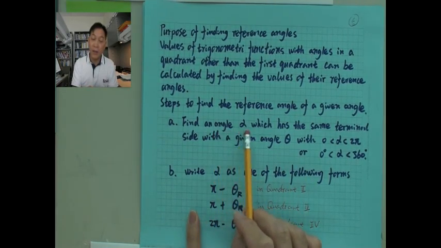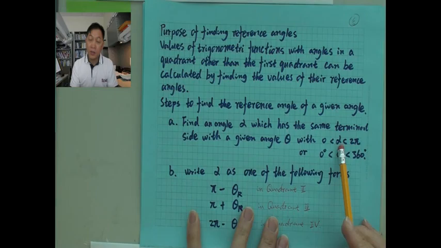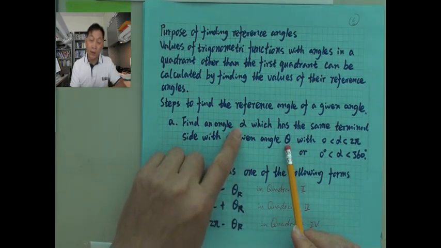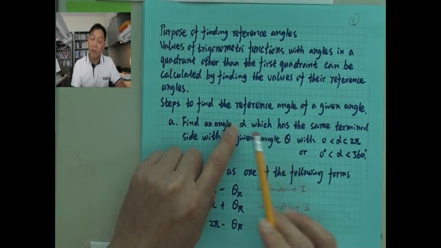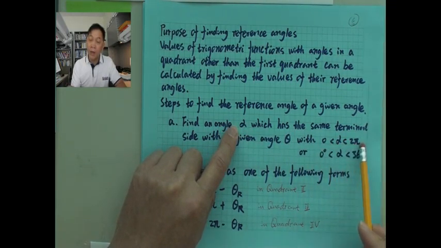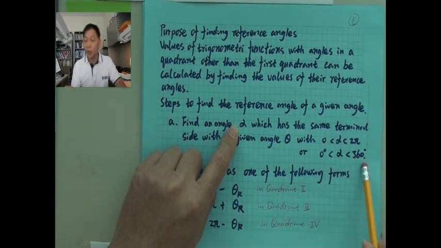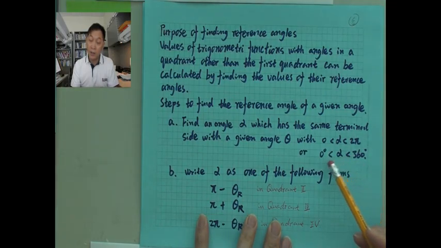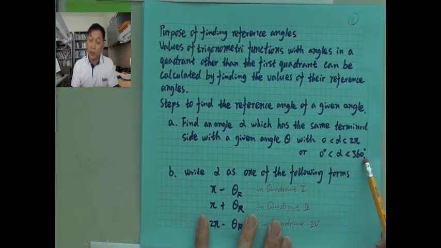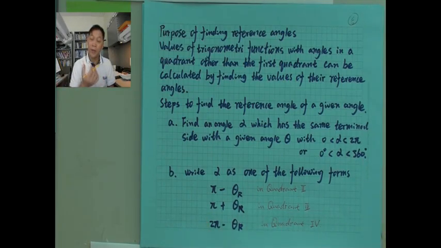So what you do is find alpha. Alpha has the same terminal side as theta, but alpha has to be between 0 and 2 pi, or between 0 and 360 degrees. Because when alpha is between 0 and 360 degrees, it is easy for us to handle.